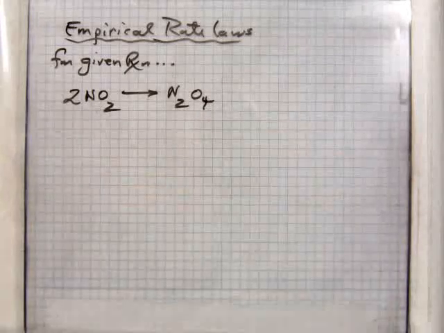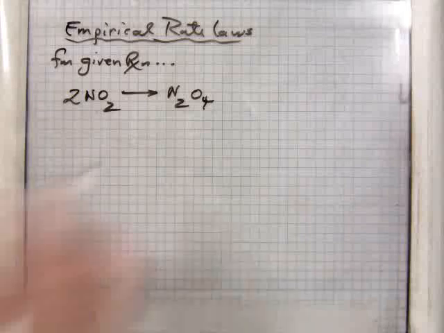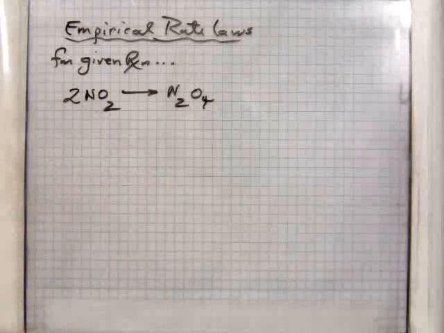Now, the first thing you're going to do in all these problems is write an empirical rate law. The empirical rate law is first written in terms of the reactant side, and they all are written the same way. This is a single component reactant.